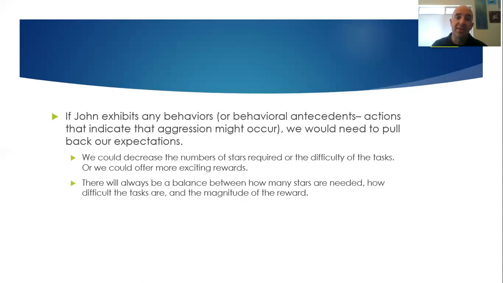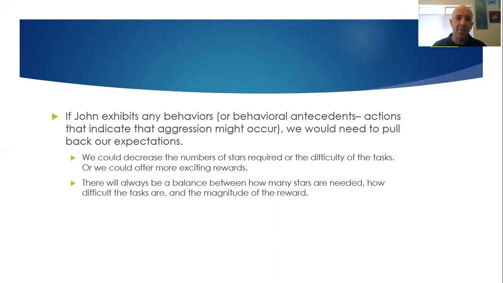And of course, if John starts exhibiting any behaviors, and your student starts exhibiting behaviors, and it might, and this is something I know we've talked about in other videos, behavioral antecedents, those actions that indicate to you that the behavior might happen, we would want to pull back. We want this to be successful. The token chart should not cause behaviors. So if we show them the token chart and we start getting resistance, we start getting behaviors, we're going to pull back, clearly.